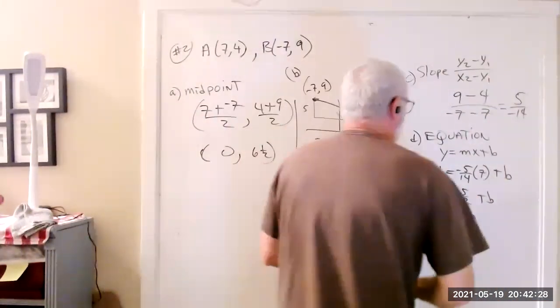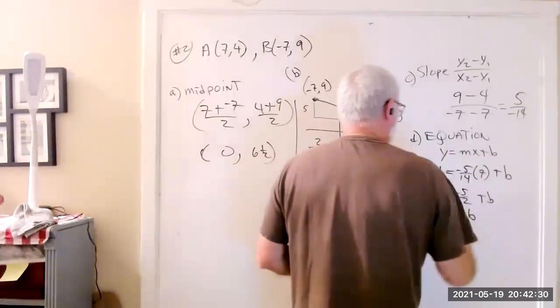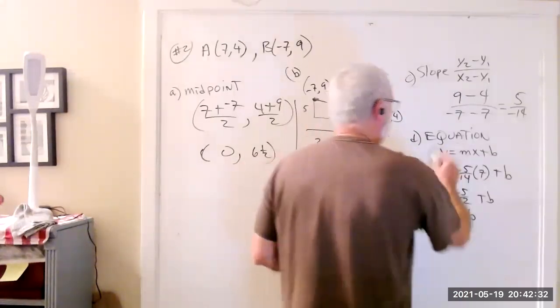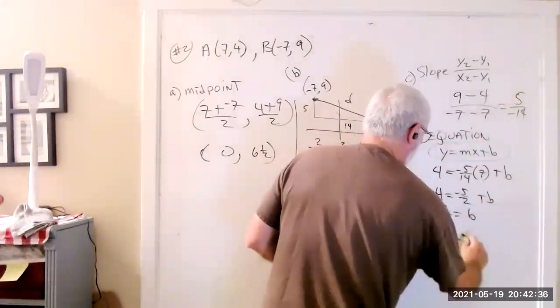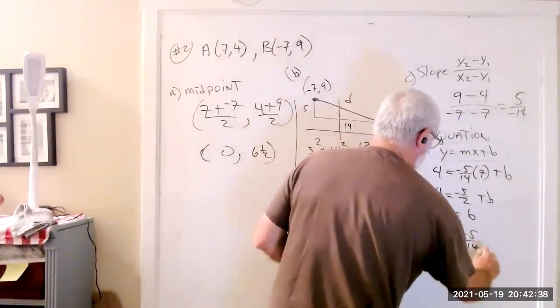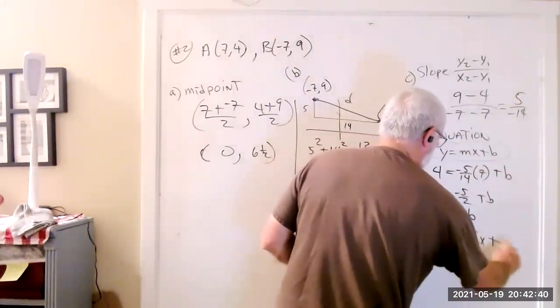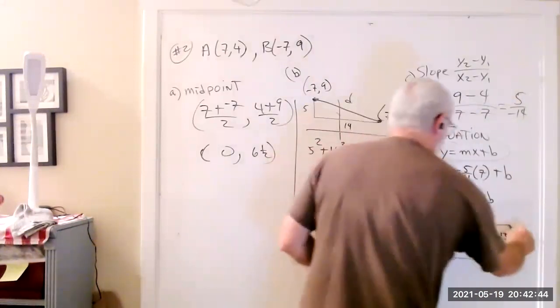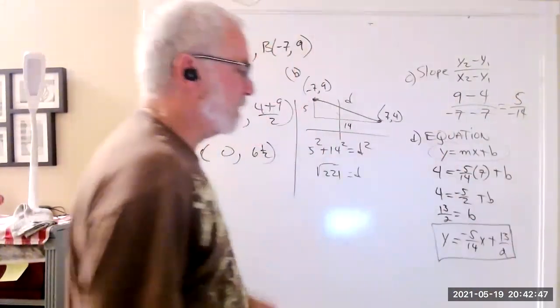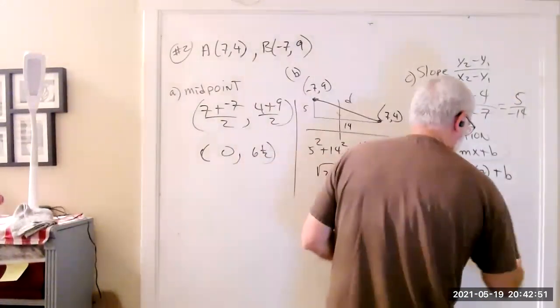Because that's the b value, now I have everything I need for this equation. I say it's y equals negative 5/14 x plus 13 halves. Okay, and that was the equation. That was 13 over 2.